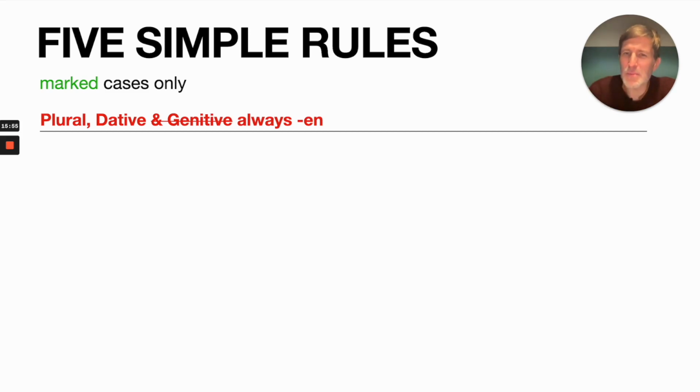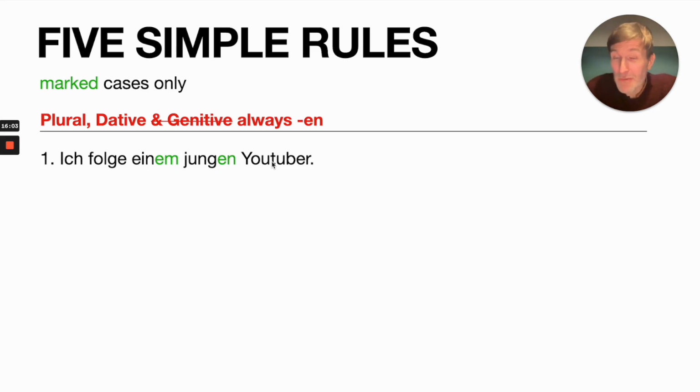Just see the principle. So whenever you realize the noun after the jung, after the adjective, is either in plural, more than one, in a dative case or in a genitive case, then you know the adjective ends in en.